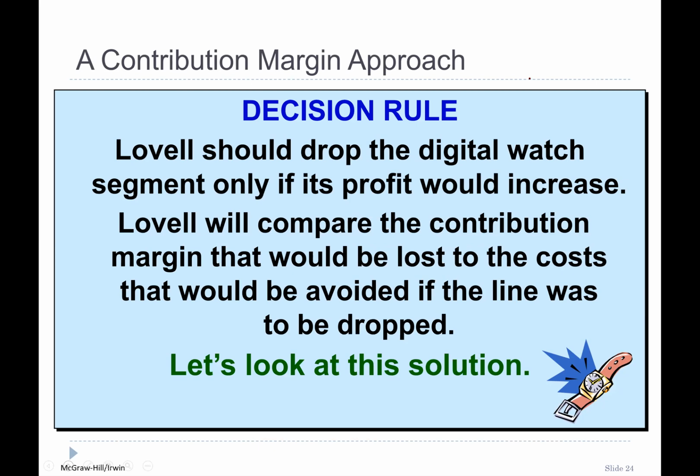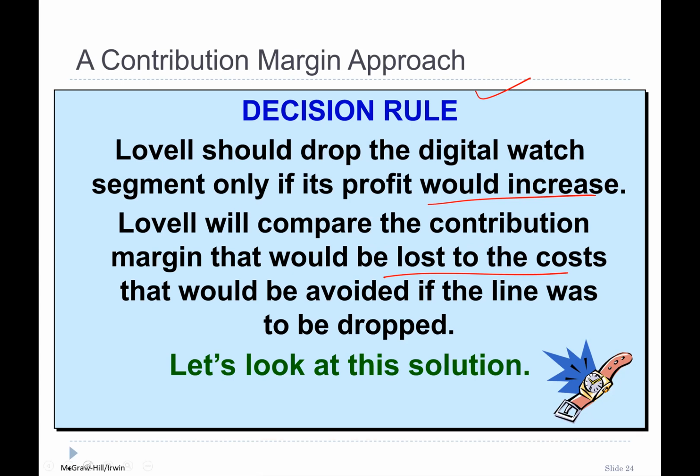The decision rule is that Lowell should drop the digital watch only if its profit is increasing. So by dropping this watch segment, if its profit is increasing, then they will drop it. Lowell will compare the contribution margin that would be lost to the cost that would be avoided if the line was to be dropped.